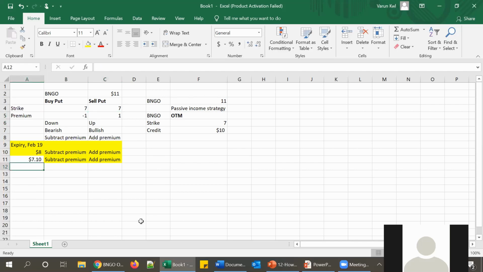If it is $6.5, what will happen? He's losing 0.5, making 0.5. It's the other way around, right? No, he's still winning. $6.